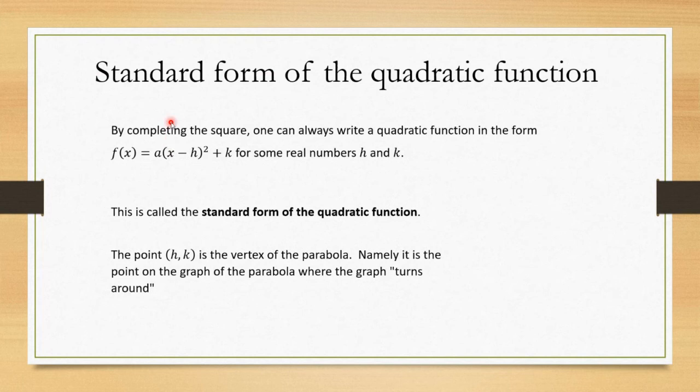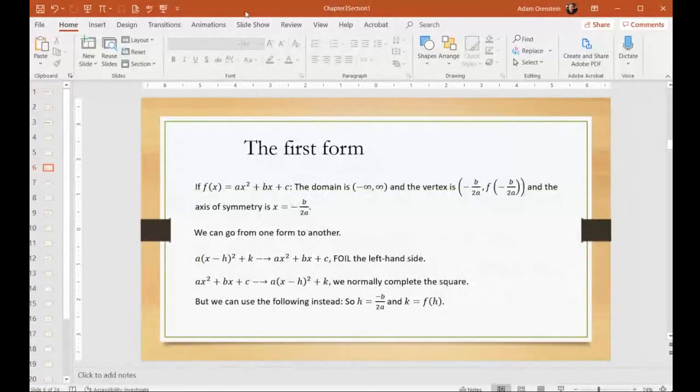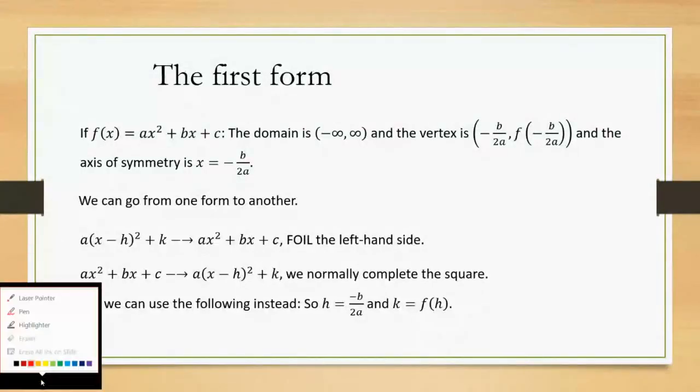Namely, let me show you the next slide. Go from here. This is what we started with in the definition. If we go from here to here, we would just use a process called completing the square. I haven't gone over that. I do cover it in the book.